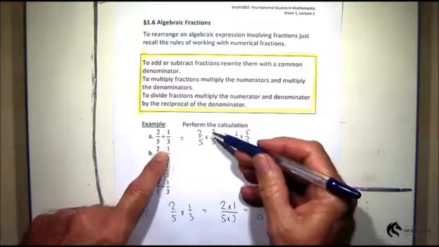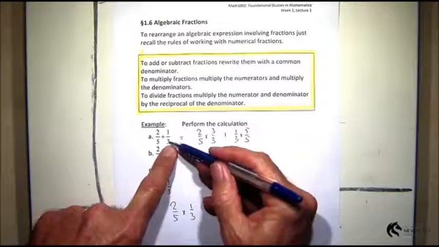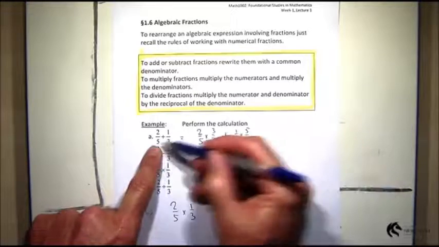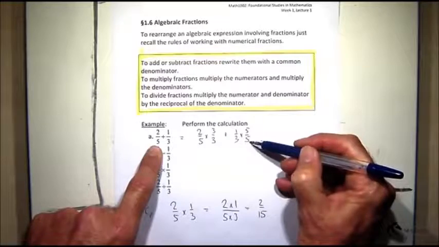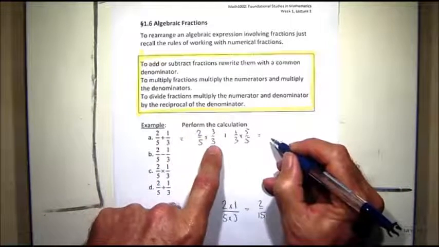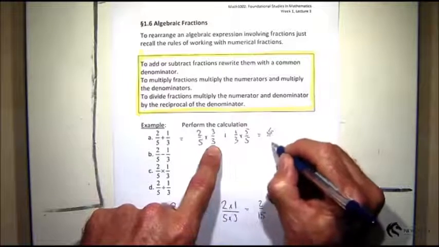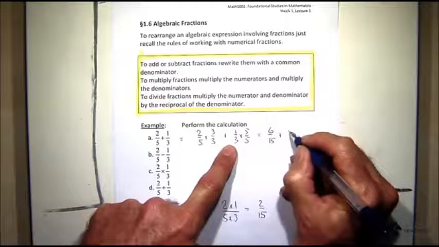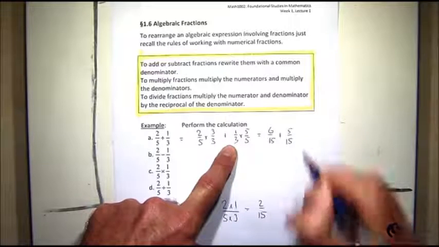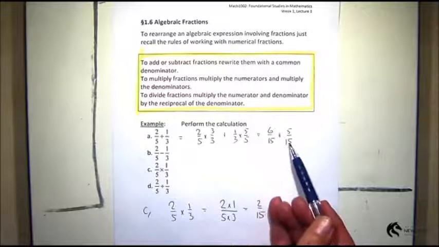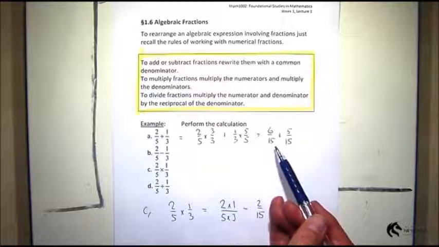And you can see here I've chosen this denominator in the first one, and for the second one I've chosen that denominator. The reason being is that this comes out to be 2 times 3 on 5 times 3, so that is 6/15, plus 5 times 1 is 5 on 15. So I now have the same denominator in here.